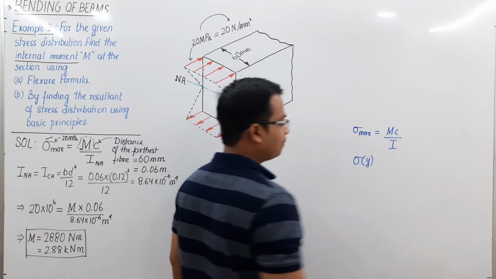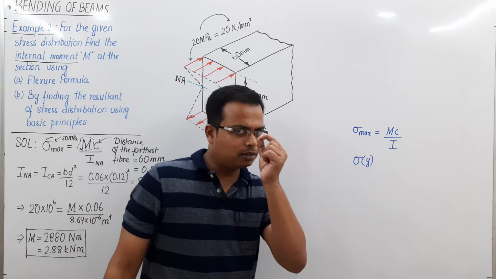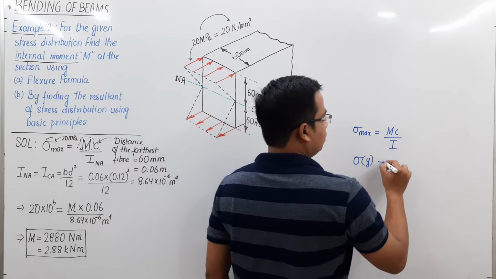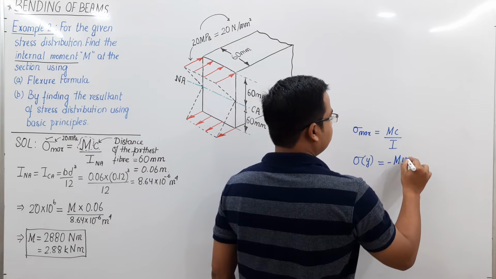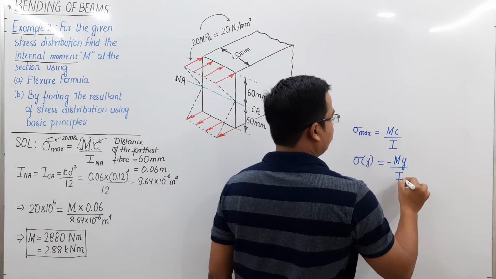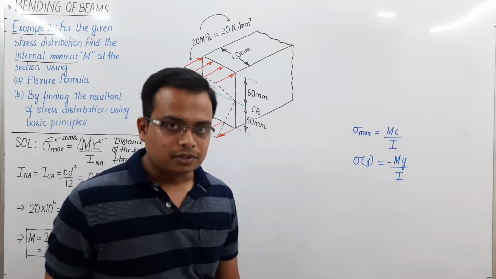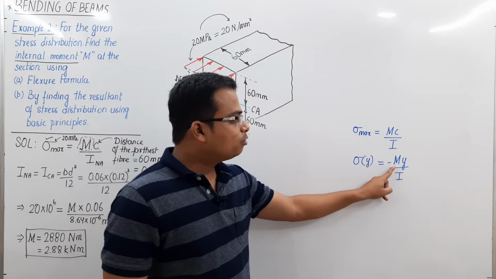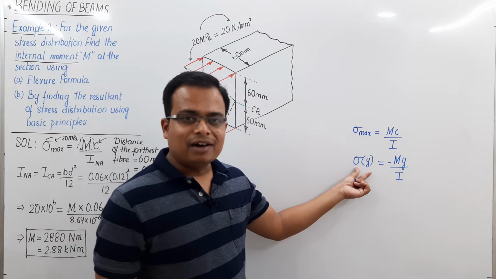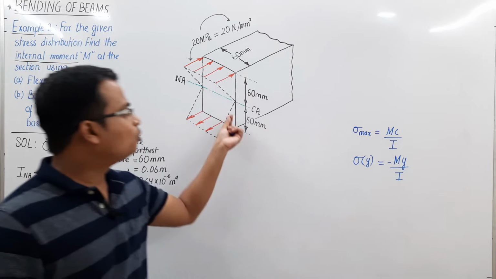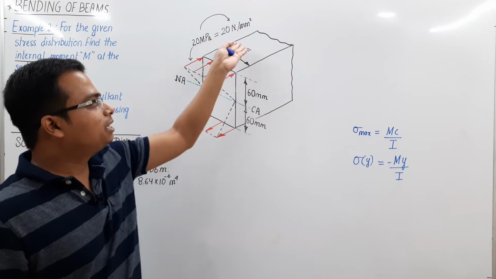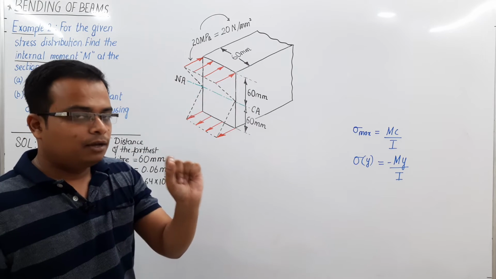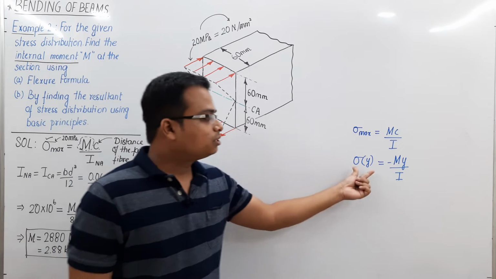Sigma is a function of y. Just try to listen to this once again. Let us recapitulate. Sigma as a function of y is equal to negative of My over I. I always call this equation a selfish equation. Why? My I, that's why. So all positive values of y are going to fetch negative values of sigma. That means for all positive values of y, if you go upstairs with respect to this neutral axis, the nature of stress is going to be compressive.